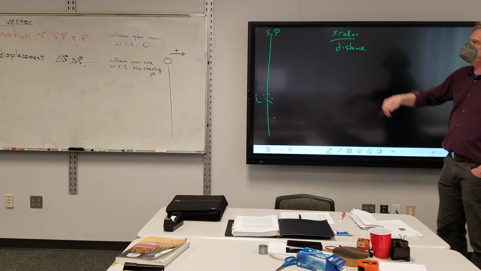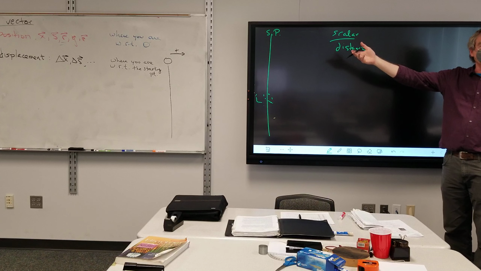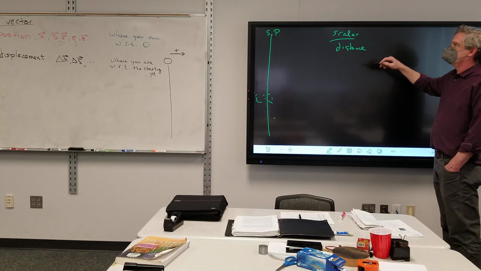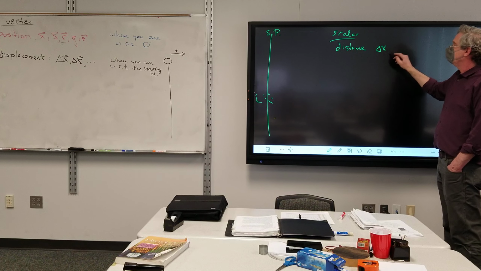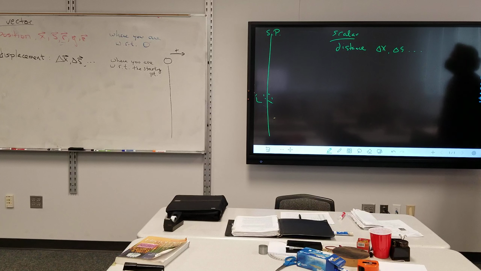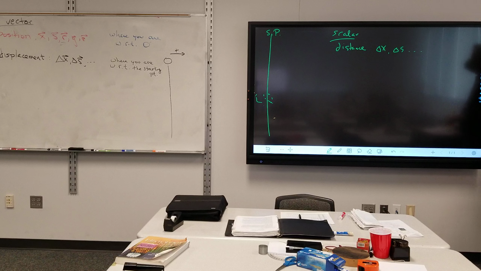The symbol for distance is pretty much the same as the vector analog, displacement, except that there are no vector symbols. So it'd be delta x, delta s, etc. And this is not necessarily the magnitude of the displacement.